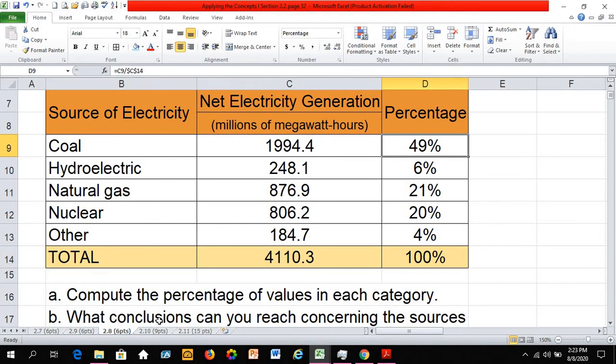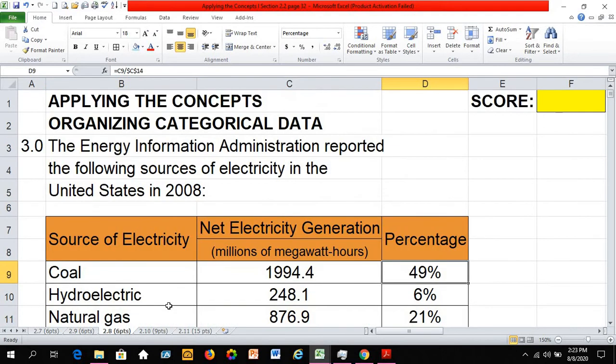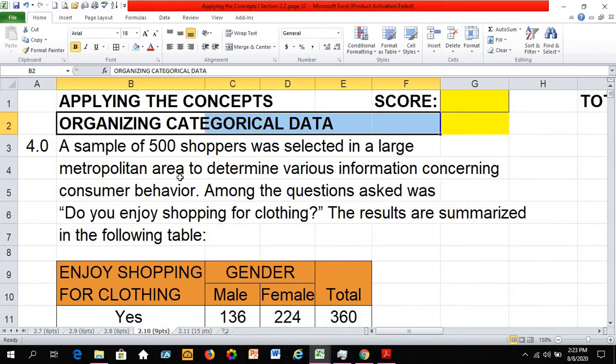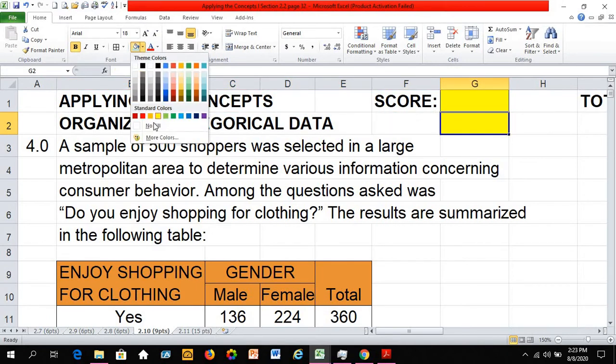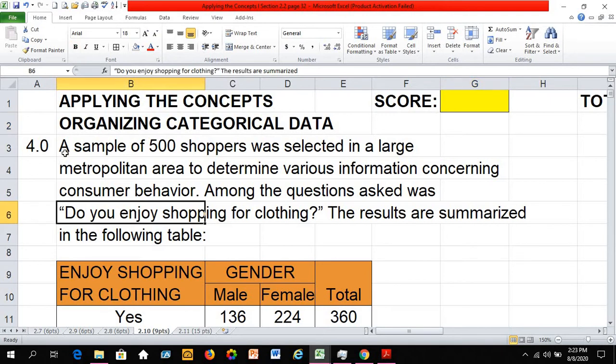Okay, so we're done with the third item. Now we go to the fourth item. Just clear that color. Okay, so here's a more interesting problem set. A sample of 500 shoppers was selected in a large metropolitan area to determine various information concerning consumer behavior.